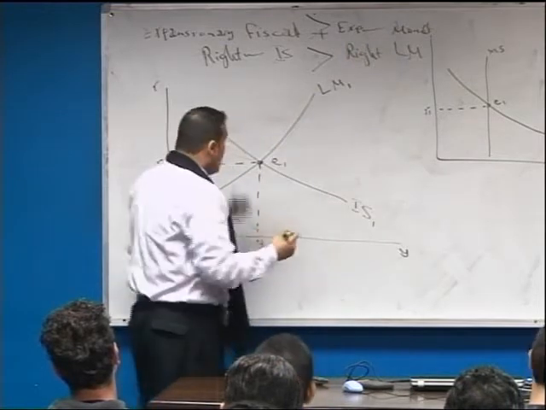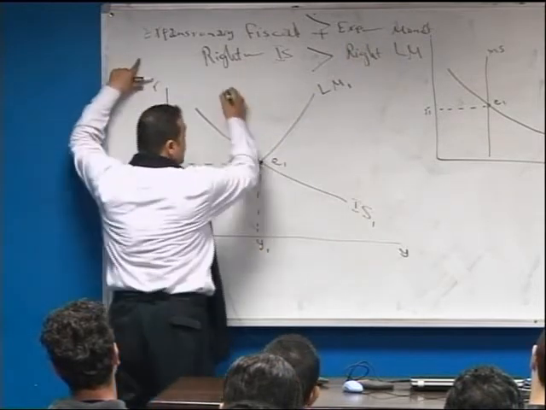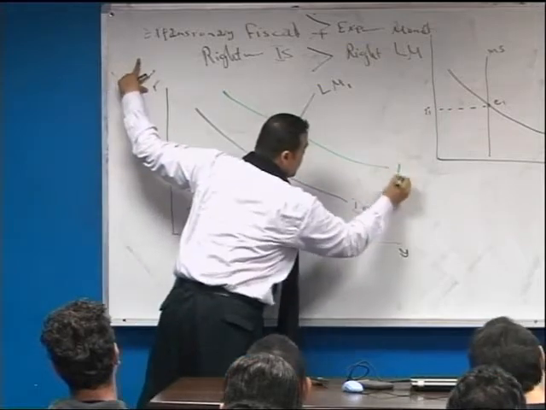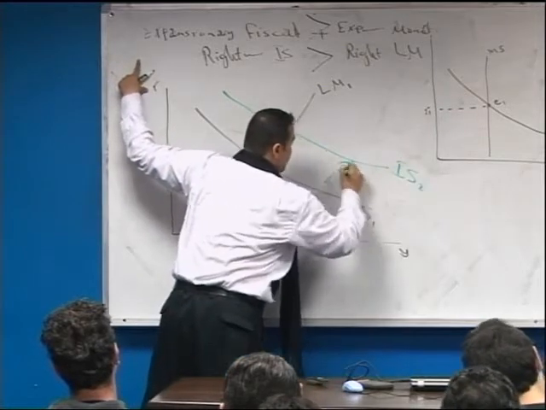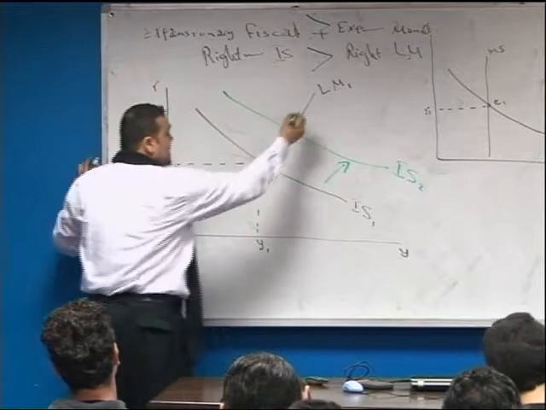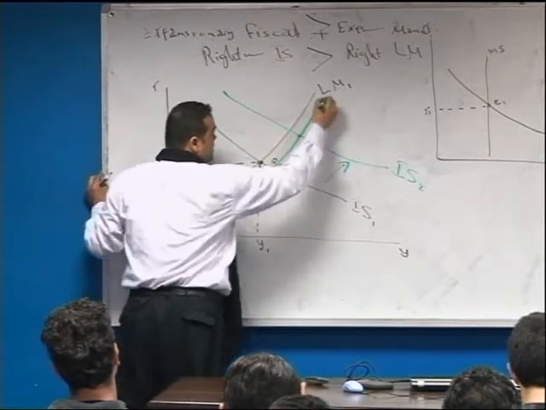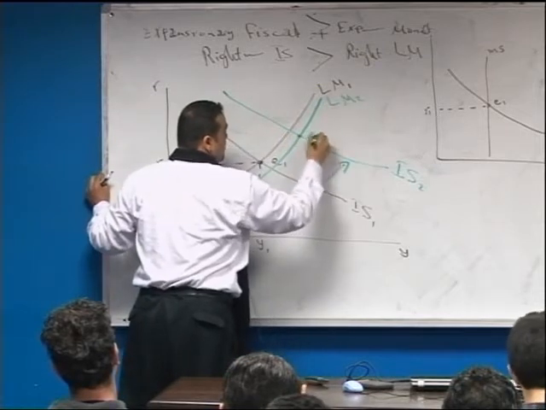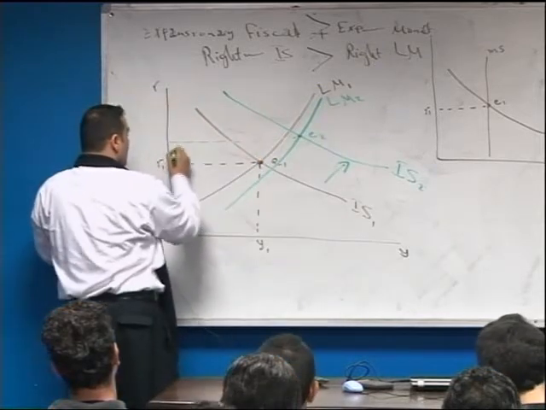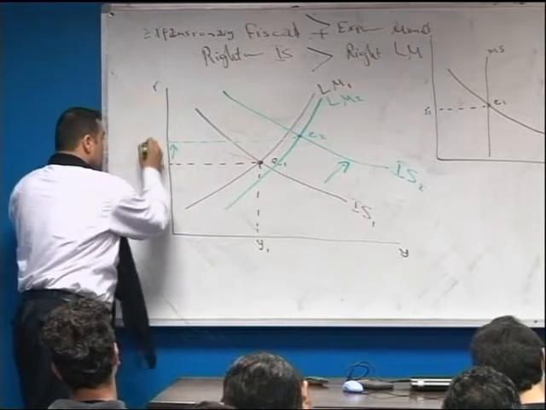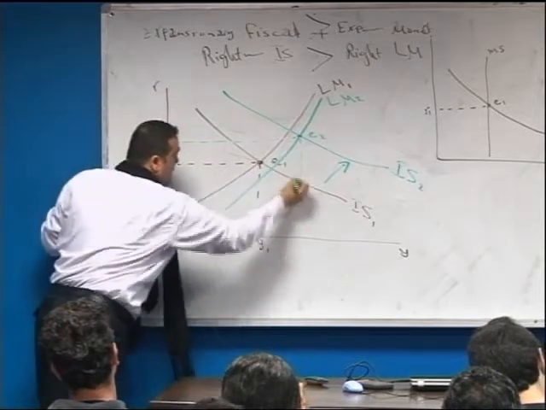The LM increased but only slightly. Where do they meet? This is LM2, E2. R has increased to R2 and Y increased.